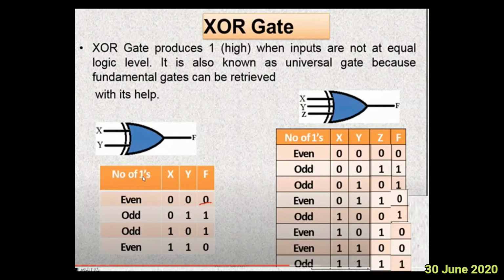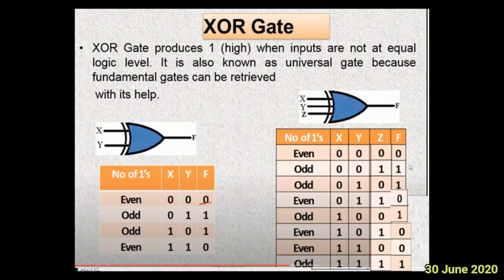If the number of ones is odd, then the output is 1. For example, how many ones are there in the first row? 0, it is even, therefore output is 0. In the last row, how many ones? 2, even, therefore output is 0. Here how many ones? 1, odd, therefore 1. How many ones? 1, odd, output is 1.